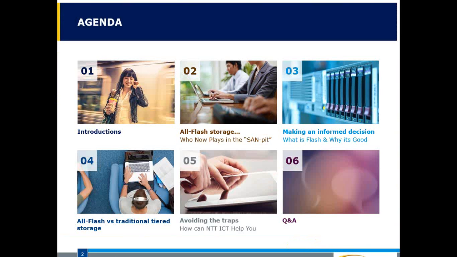And finally then we'll look at some tips and tricks, what to look for, a use case scenario around what would be a good use for flash in your environment, and how NTT ICT as an independent organization can help you in finding the right solution that best fits what your business needs are. And then we'll go into a Q&A.